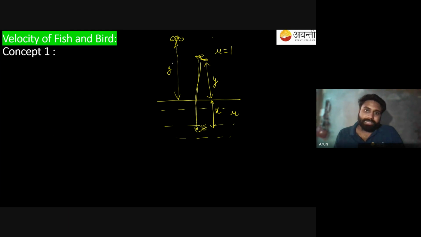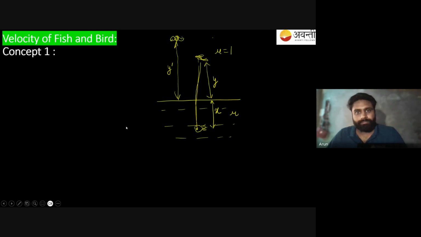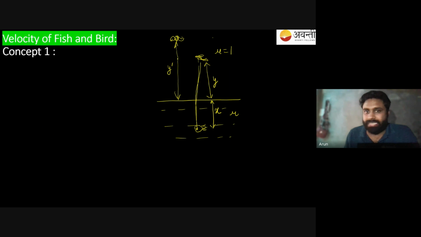So it would appear at a somewhat higher place because the object is in the rare medium. Okay, we have learned this concept earlier. When the object is in a rare medium, the apparent depth would appear somehow greater than the real one. So that is why I have written y dash here, the apparent one.